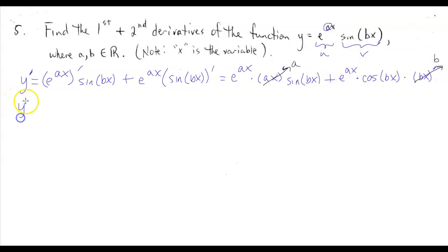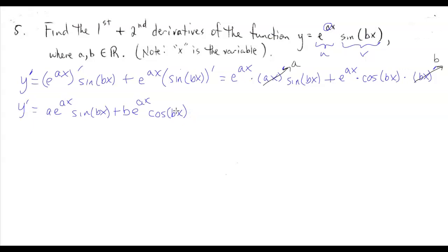So here we see that the first derivative is just going to be a times e raised to the ax sine of bx plus e raised to the ax times b. So I'll go ahead and put the b out in front there. So plus b times e raised to the ax cosine of bx.